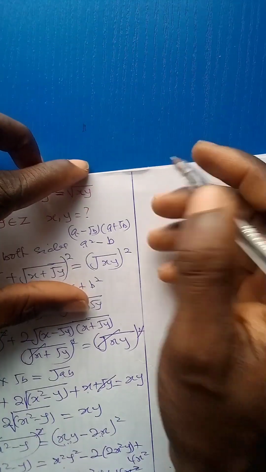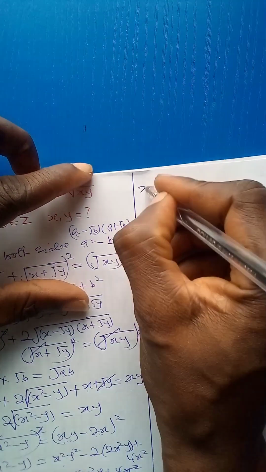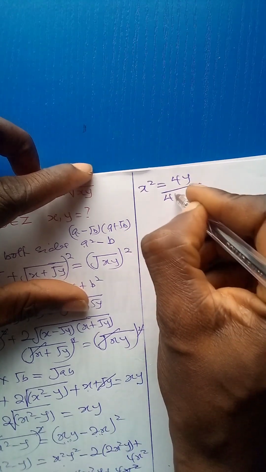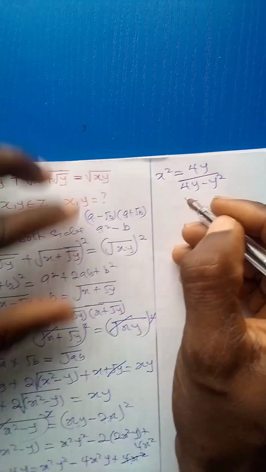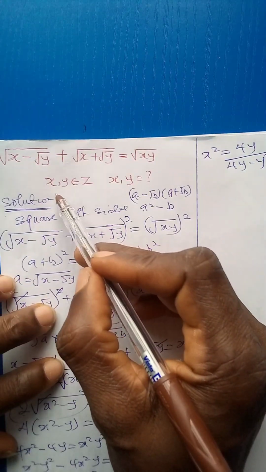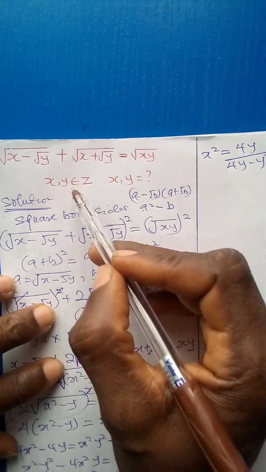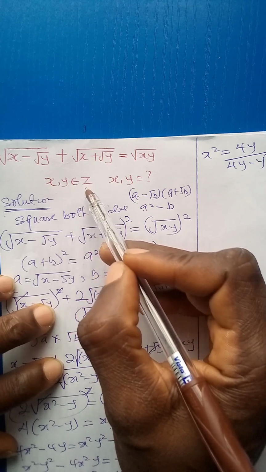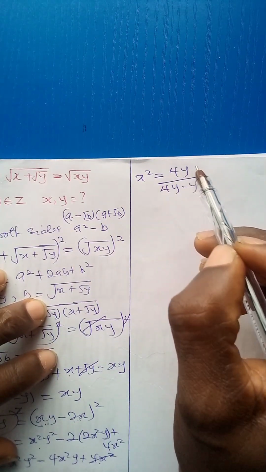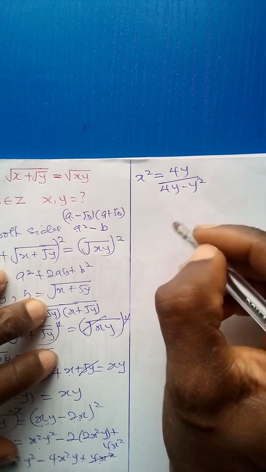So up to this stage, x squared is equal to 4y all over 4y minus y squared. Now let us remember that the condition is that x, y are members of the set of integers. So our result must be a whole number or an integer.